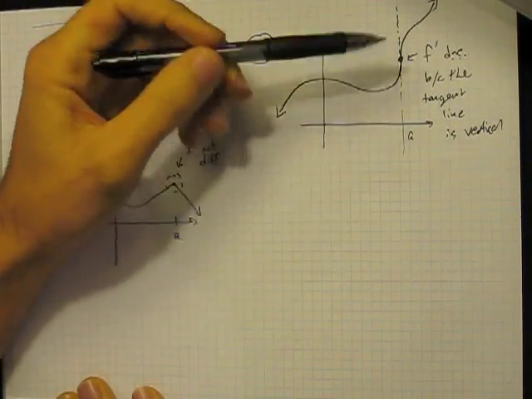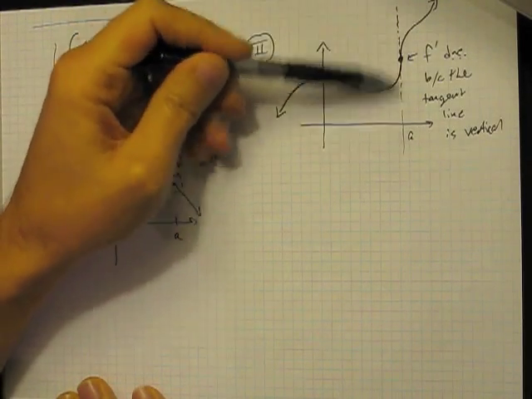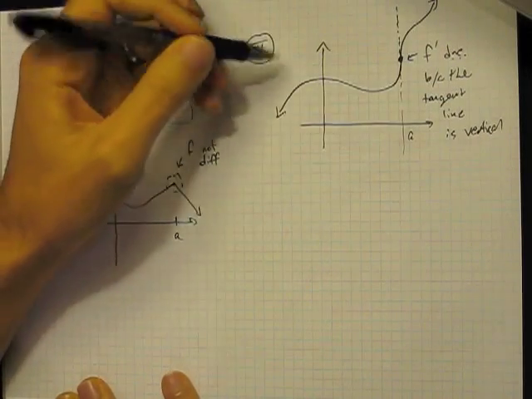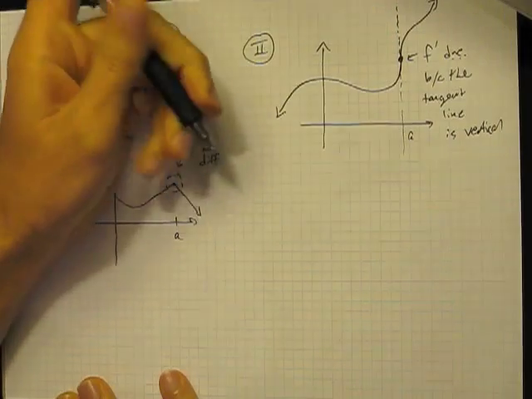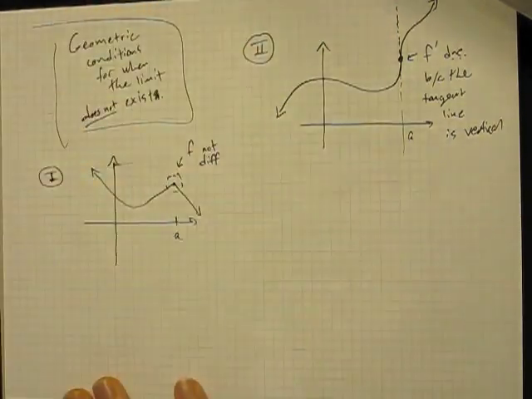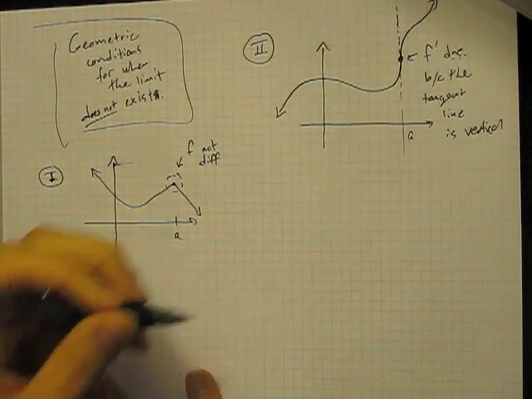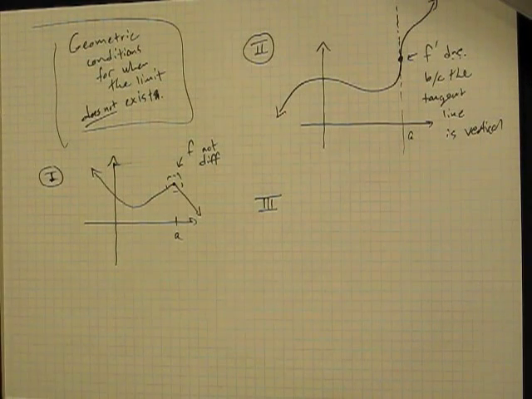Whenever you have a vertical tangent line, the slope of a vertical line is not defined, and so if your graph has one point where there's a vertical tangent line, it can't be differentiable at that point.